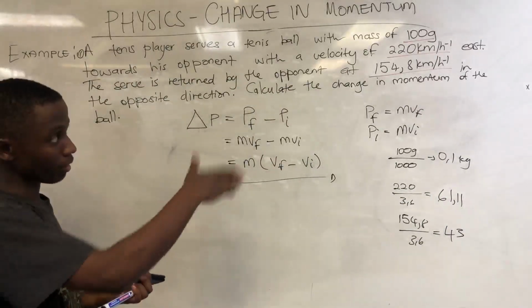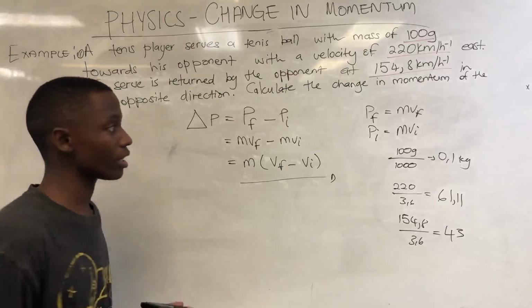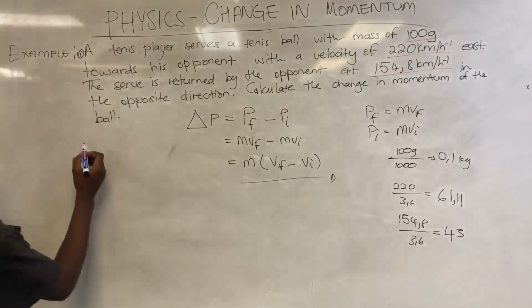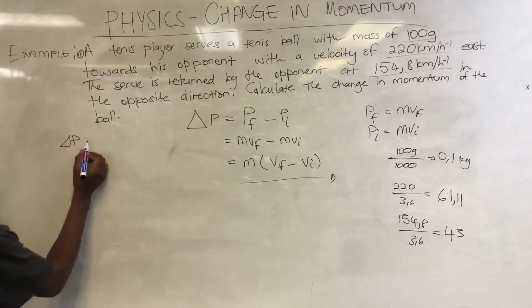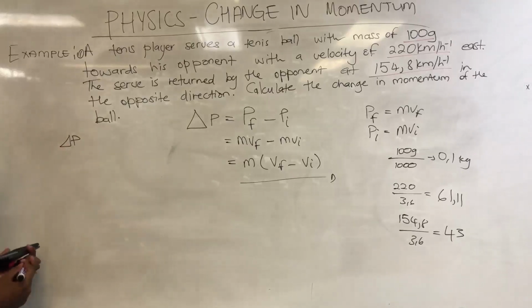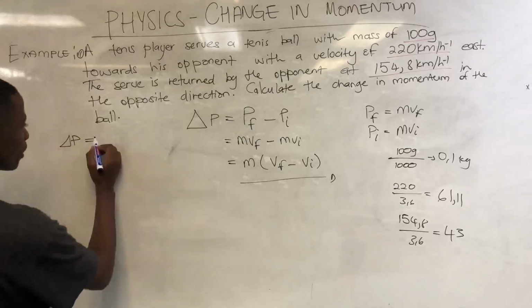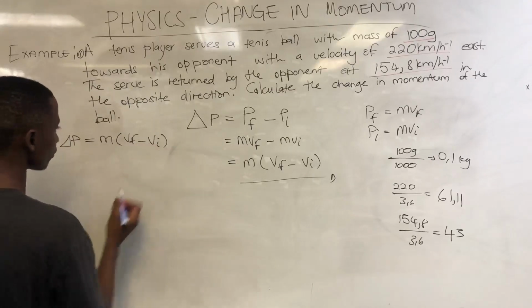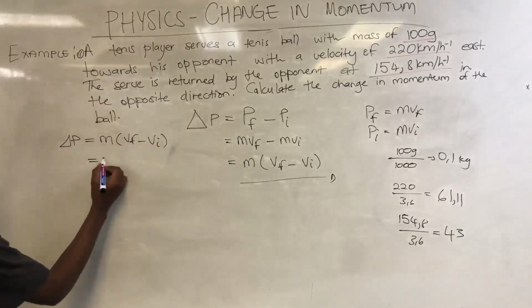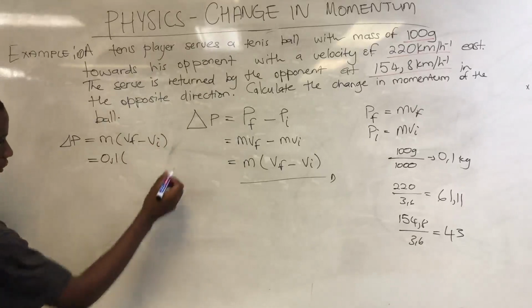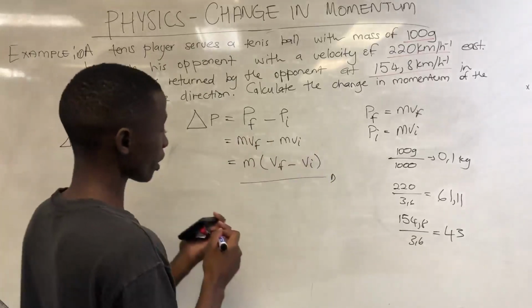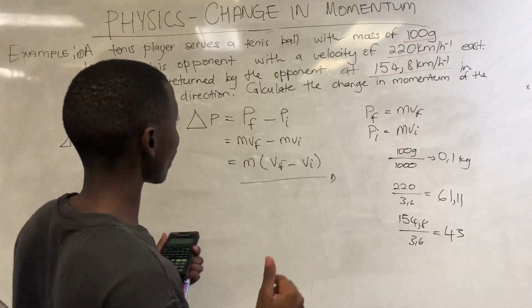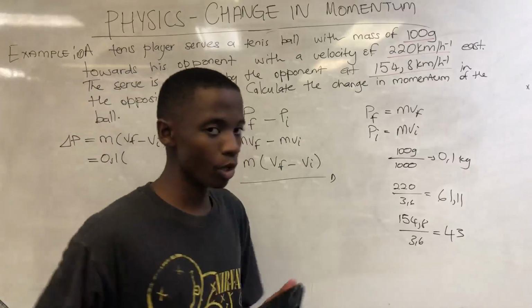All right, now everything seems to have been resolved in terms of the statement. So our change in momentum will be equal to m times VF minus initial velocity. So this is going to be equal to 0.1. Mind you that the final velocity is the one when the ball was returned from the opponent.